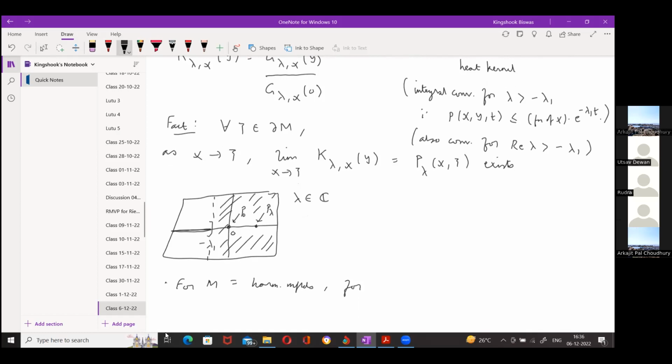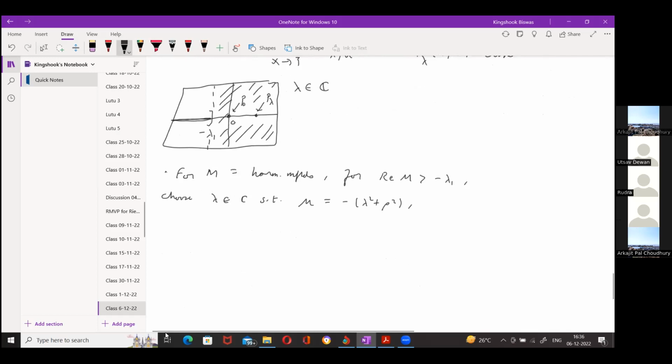So for mu, with real part of mu bigger than minus lambda_1, choose lambda such that mu is equal to minus lambda squared plus rho squared.